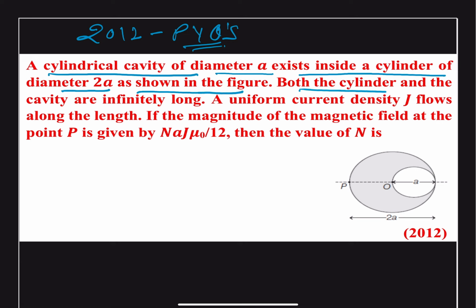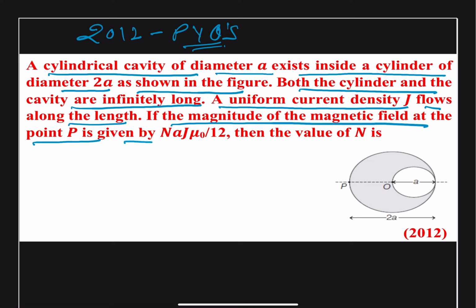Both cylinder and the cavity are infinitely long. A uniform current density J flows through the length. If the magnitude of the magnetic field at the point P is given as NAJ mu naught upon 12, then the value of N is.